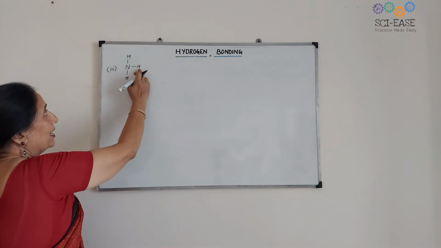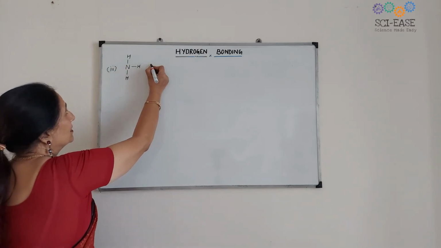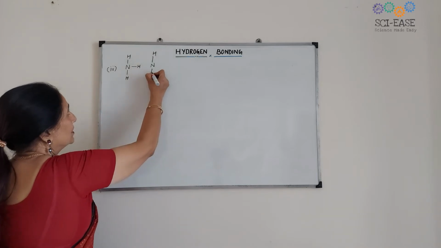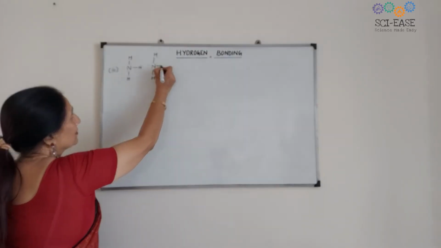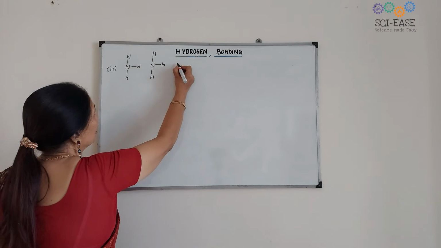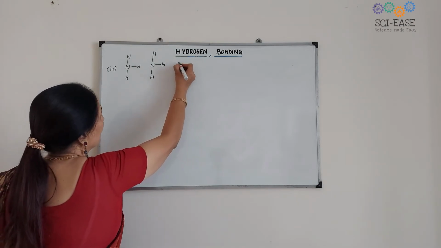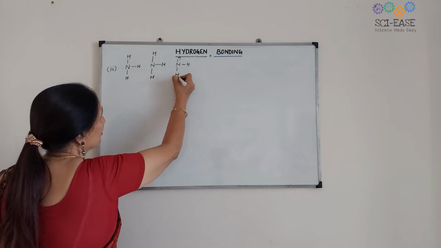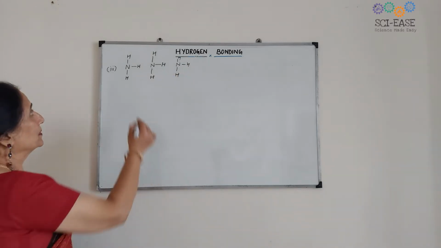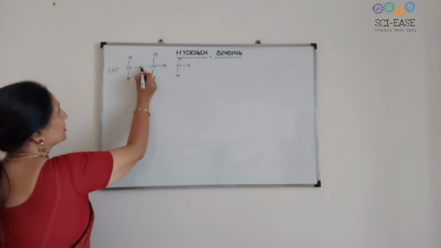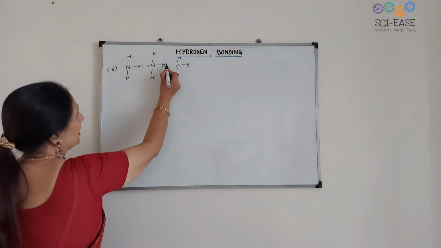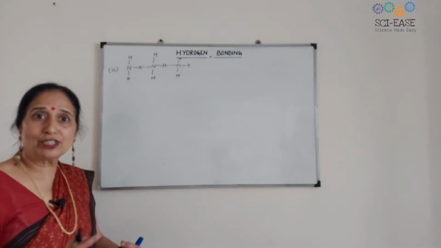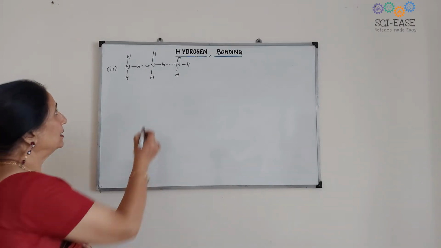Another molecule will come, then a third molecule. So the bond between H and N, that is the hydrogen bond, is depicted by the dotted line.